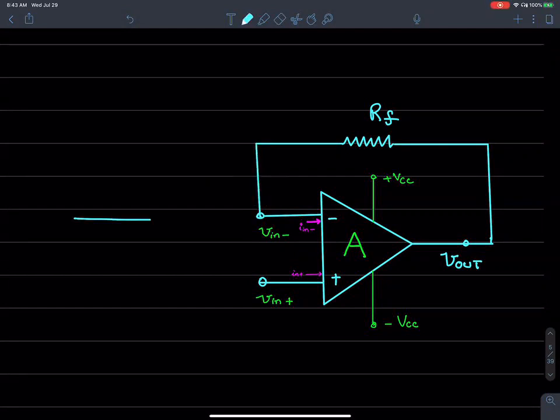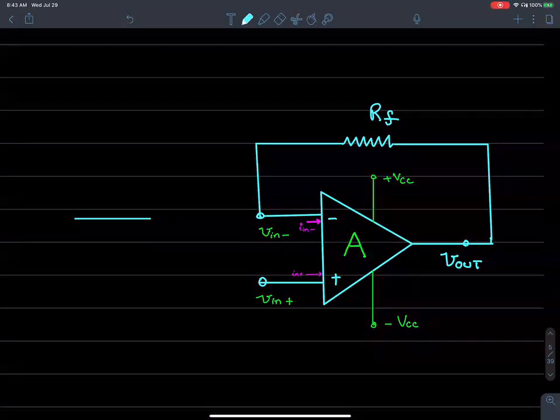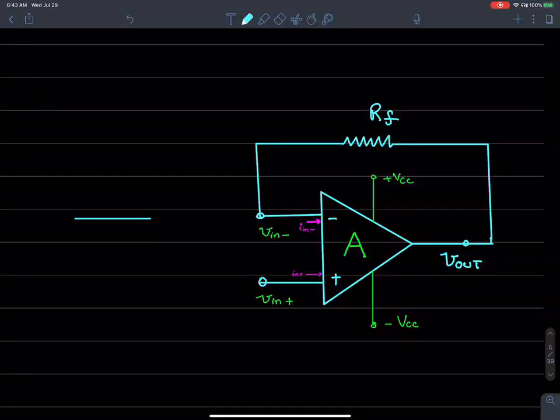In addition, there is a resistance RS over here, which is now tied to ground. On the positive input, instead of tying this to a ground, I don't do that.